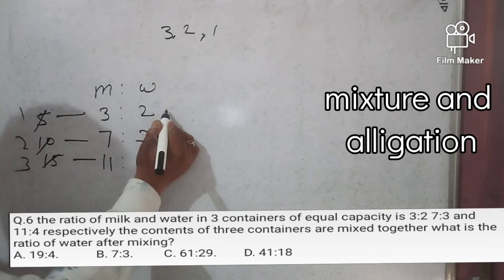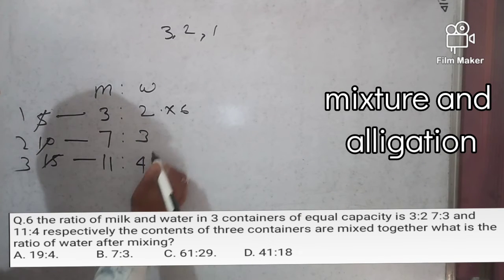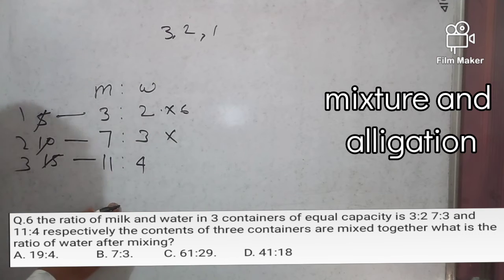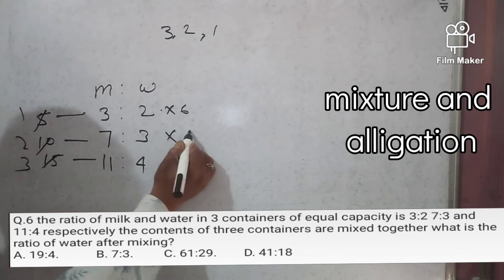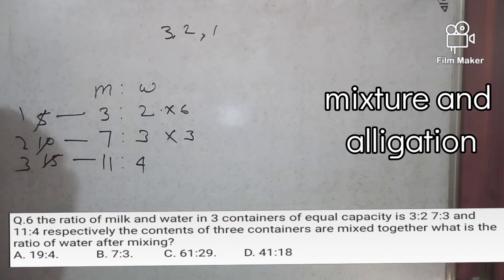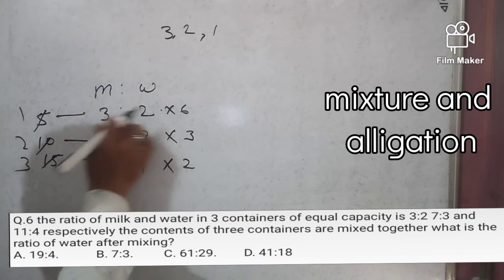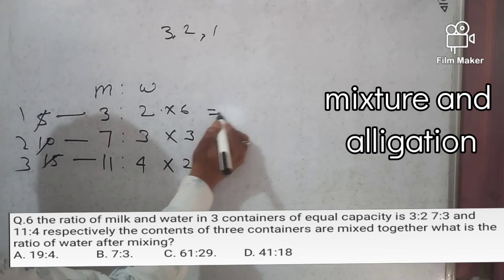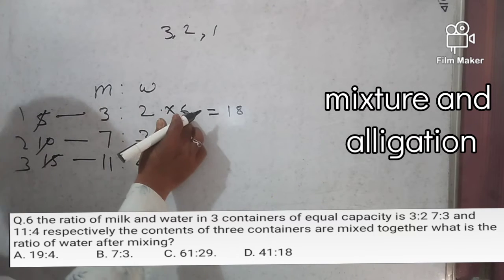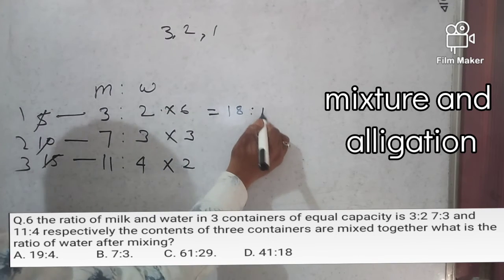So 6 times 1, multiply with 6, right? And 2 times 3 is 6. Now 3 times 2 is 6, right? So 6 times 3 is 18, the new ratio. 6 times 2 is 12.